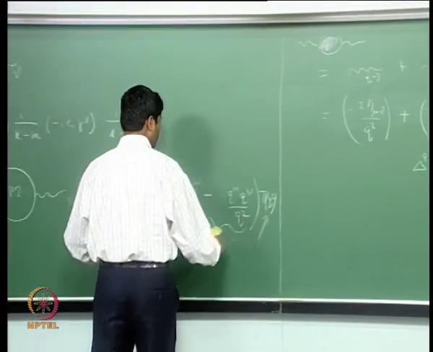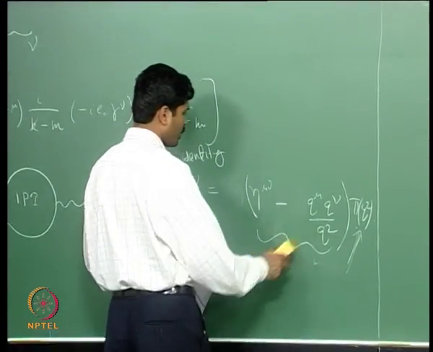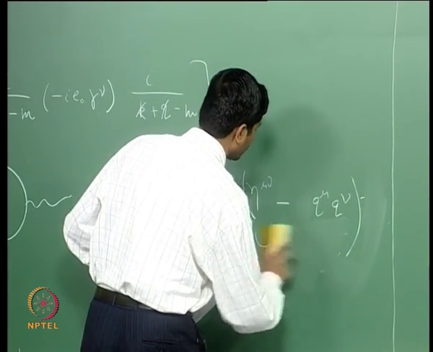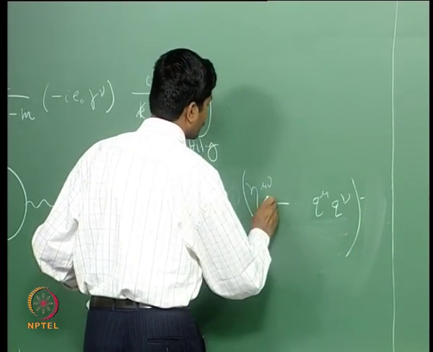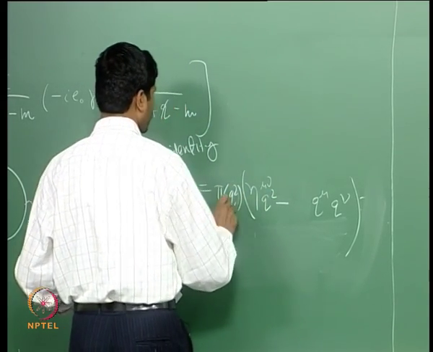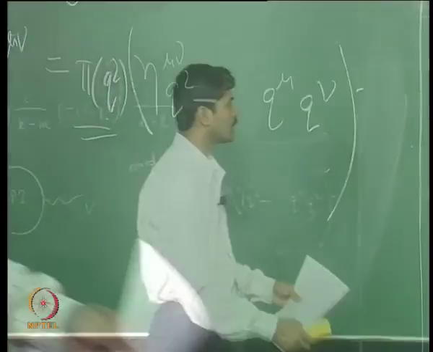I will use this notation for π of q². Remember, you have this q² in this term, so I can as well write it as q² times this times π of q². So, my definition of π of q² will involve a q² here.